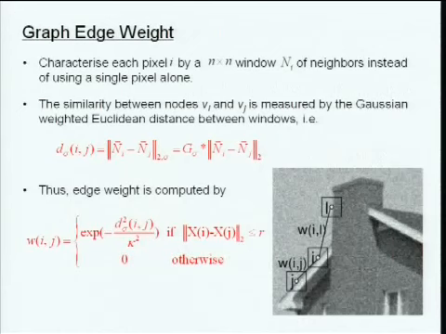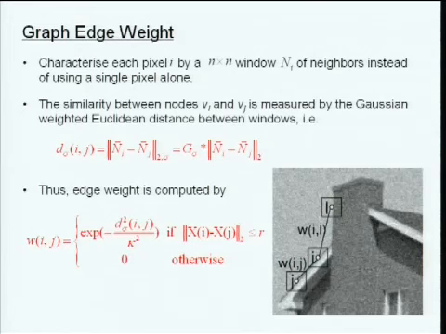In order to set this problem up, we take a pair of pixels and define a similarity weight between those pixels. There are a number of ways of doing this. A simple way is simply to take the difference in grayscale values at the pixel locations. A more complicated thing, and this is what we've done in this work, is to take neighborhoods around each pixel and then compare the distribution of pixels within the neighborhood.